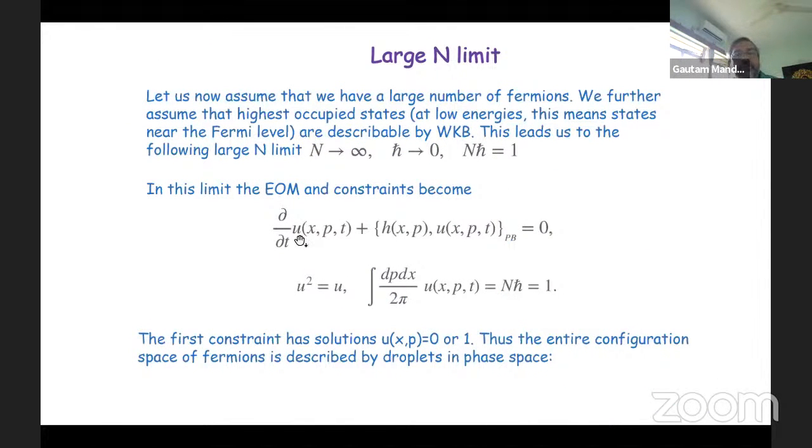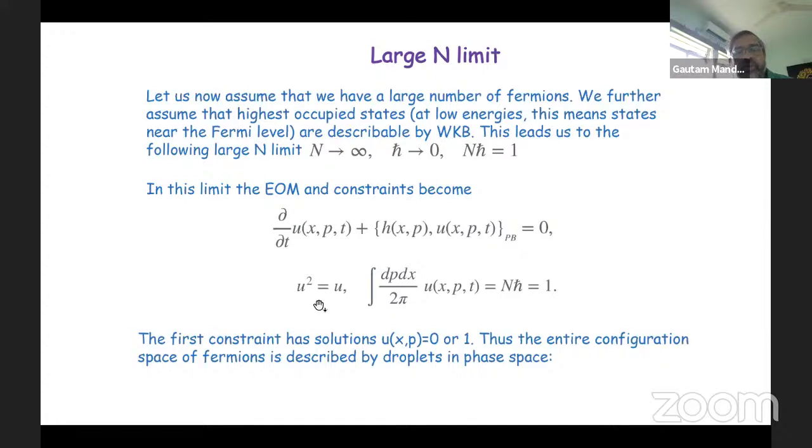This is the equation of motion, which is now completely understandable. And u squared equal to u, that of course is an important equation. This basically has a solution, which is that u at any phase space point (x,p) is either 0 or 1.